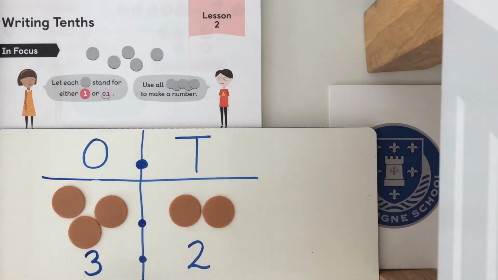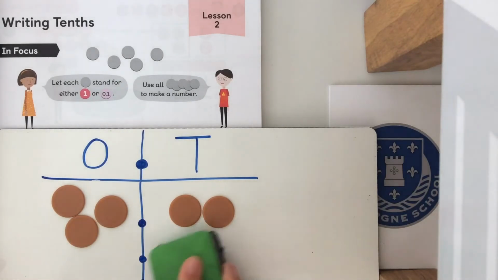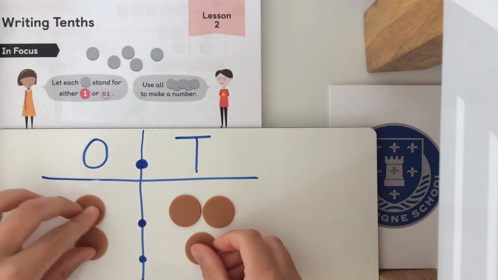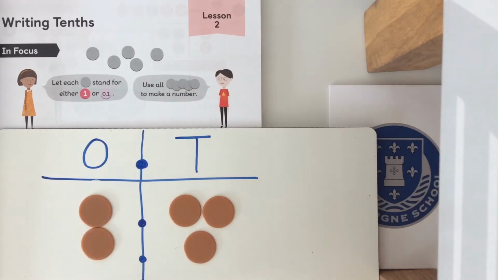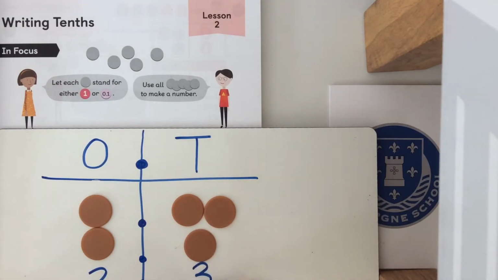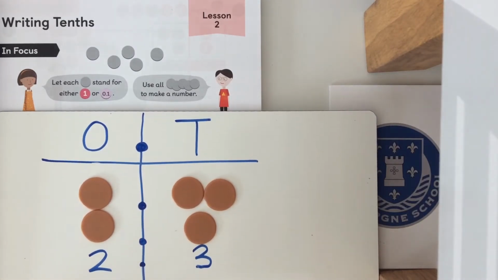Right, I'm going to make another number now. See if you can work out what it is. What's my number now? I've got 1, 2 in my ones and 1, 2, 3 in my tenths. So I've got 2.3. Or 2 and 3 tenths.